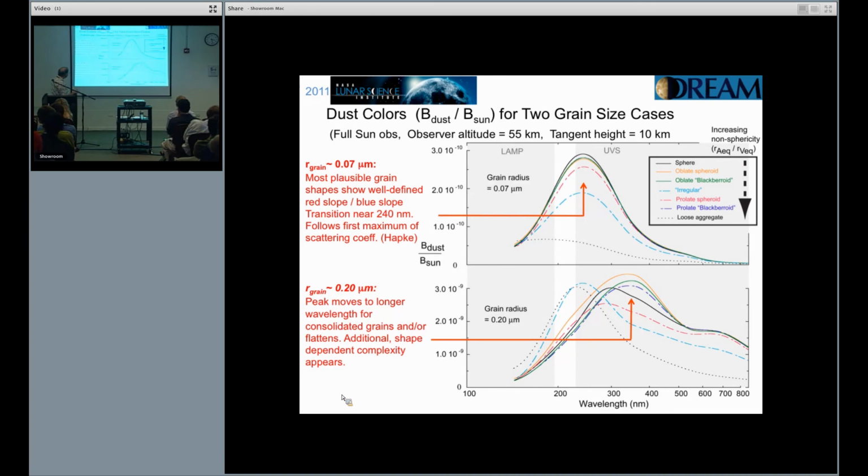Interesting thing is, for tiny grains, they all line up. The reason is they look like Rayleigh particles out here. You go up, and everybody goes through the first maximum together. That sort of follows the first maximum of the scattering coefficient.